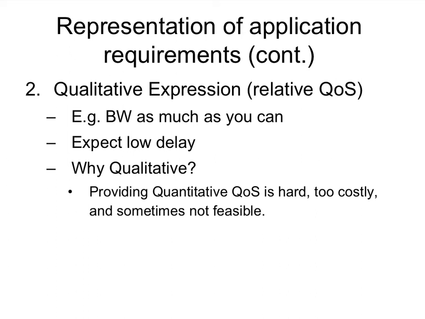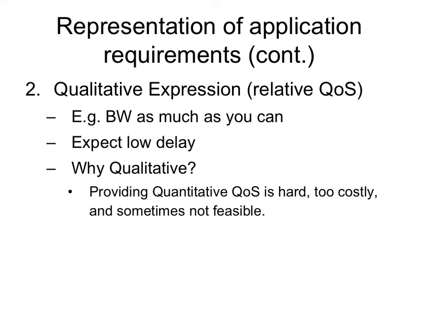We sometimes say we need qualitative quality of service, in which case either we say bandwidth as much as possible, which sometimes is referred to as best effort. So best effort, internet in the past was actually a best effort kind of network because it does not actually guarantee any quality of service. So in a way, it's qualitative.